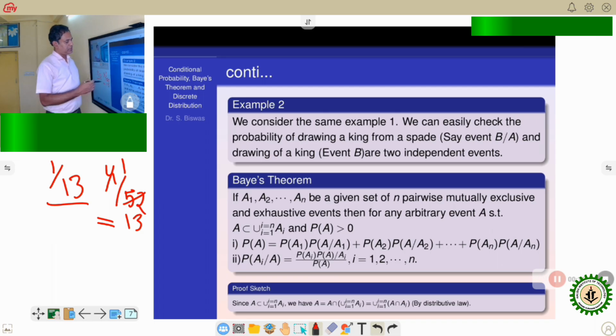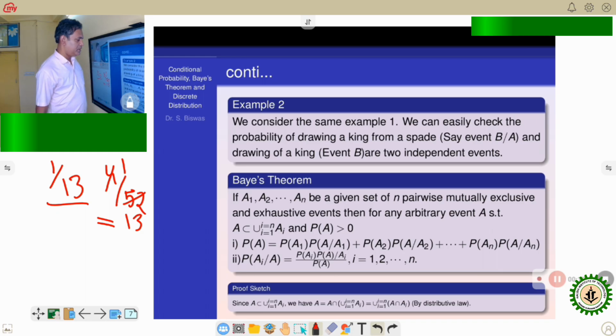There, Bayes classifiers are used, which are based on Bayes theorem. Not going into the details, but that is one of the main application areas. Along with that, medical diagnosis is also sometimes done with the help of Bayes theorem and conditional probability in large. Now, what does this theorem say?